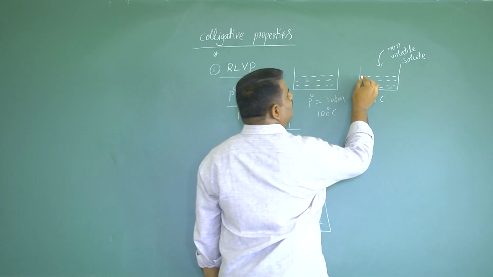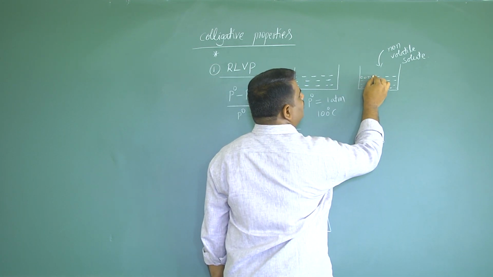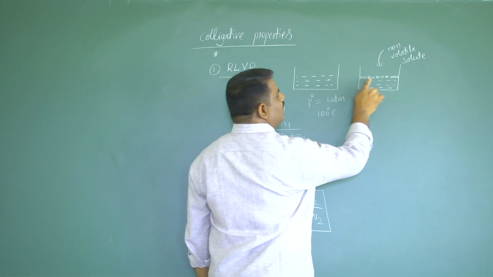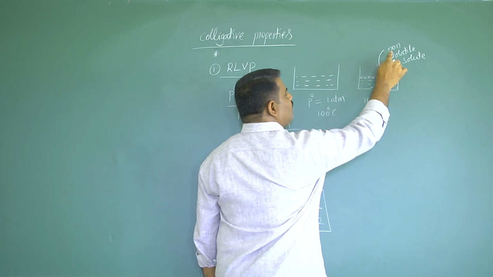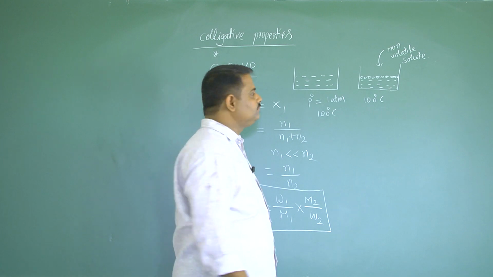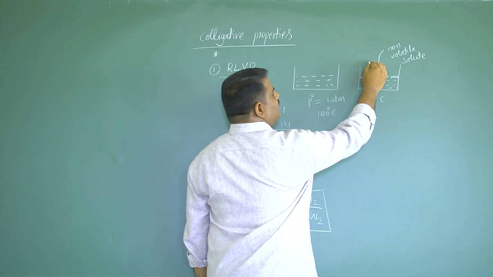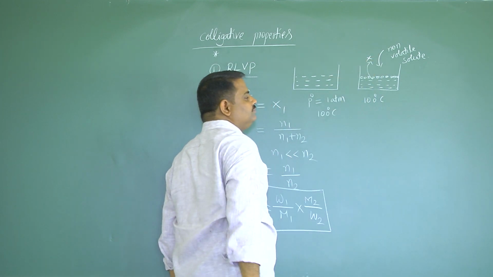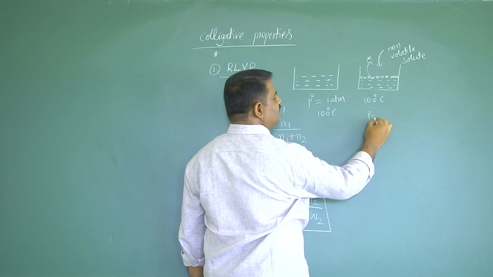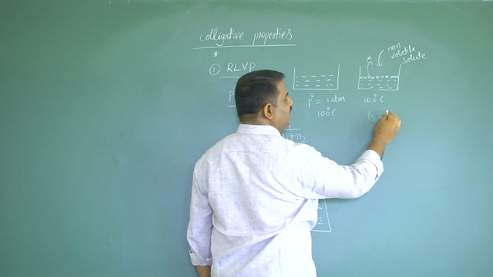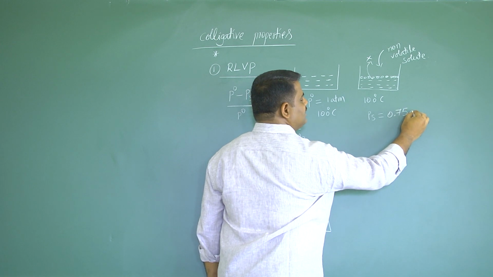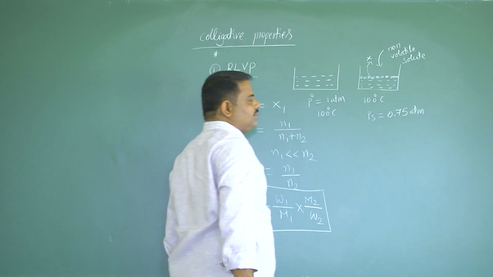Then the surface of the water is occupied by not only water molecules, even non-volatile solute also. Because of this, vaporization decreases and vapor pressure of solution is less than 1 atmosphere, that is for example nearly 0.75 atmospheres.